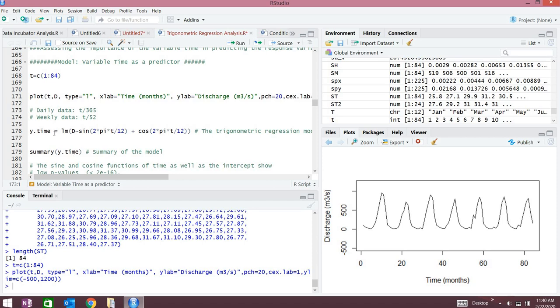This is the time-based model. Equal lm of D for discharge, tilde sine of 2 times pi times t divided by 12, plus cosine of 2 times pi times t divided by 12. This is the form of our trigonometric regression. Why do we divide by 12? Because of the 12 months. We have monthly data, so 12 months in the year.